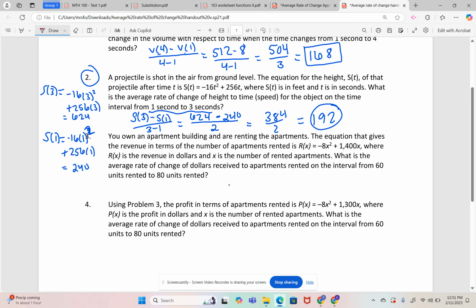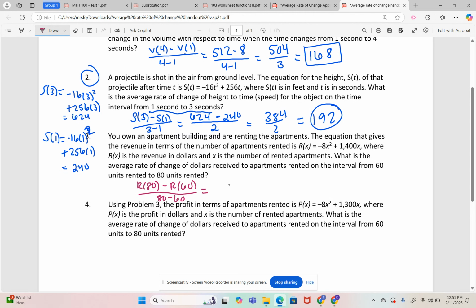R of X is the revenue and X is the number of rented apartments. What's the average rate of change on an interval from 60 to 80 rented? So we want to find R of 80 minus R of 60 divided by 80, subtract 60.